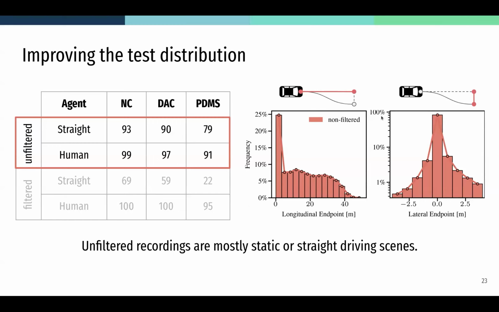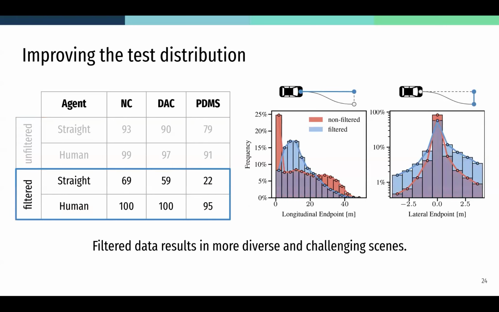But the most interesting thing, and here it's on the log scale, is that in around 80% of the dataset you're driving straight, and there's very little data, less than 1%, with even a 2 meter shift at the end of the trajectory. So we filtered this using quite straightforward heuristics. I'll skip the details, but this significantly improves the distribution of turns and the speed distribution over the dataset.